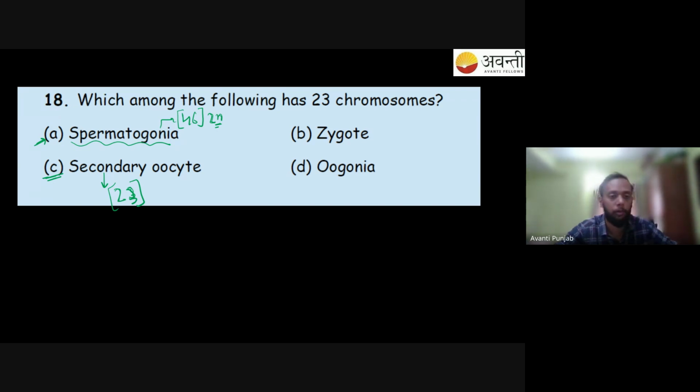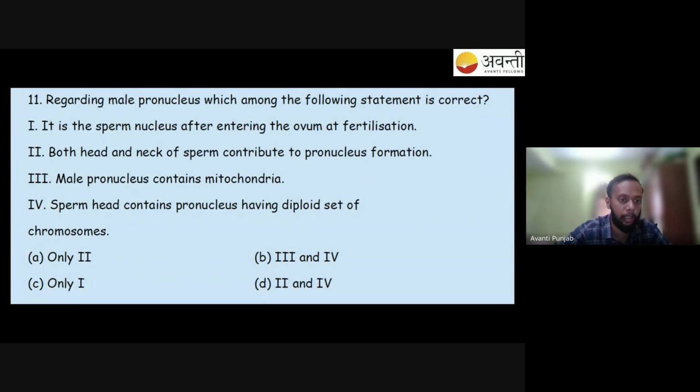Okay, just wait a minute. हाँ जी, इसका आंसर आएगा. Read the question carefully and then give me a correct answer in this. Right.